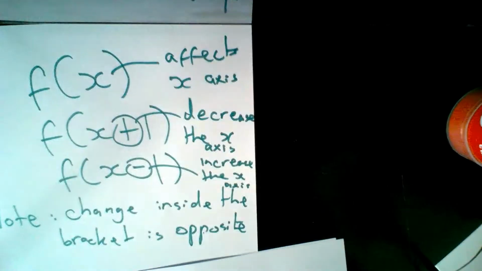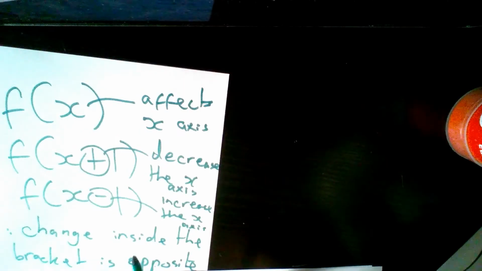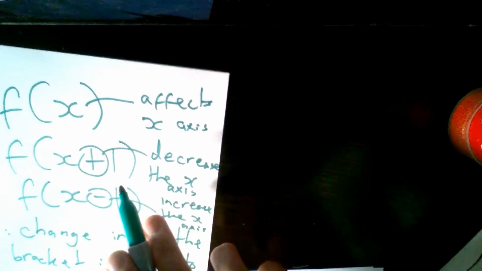Okay guys, so if we actually draw this out, the change in the x-axis, let's say this is the graph. So if f of x plus 1, we said that instead of increasing by plus 1, we decrease by minus 1. So we just do the opposite.